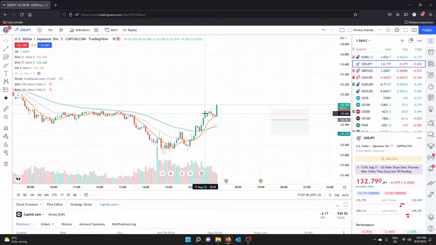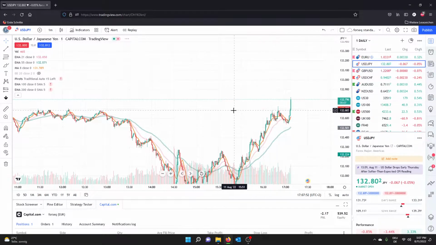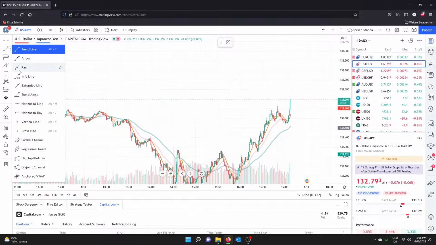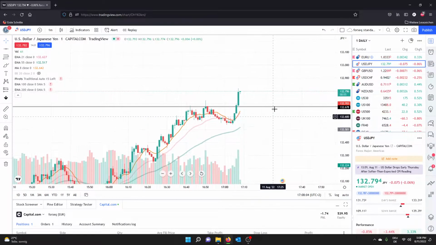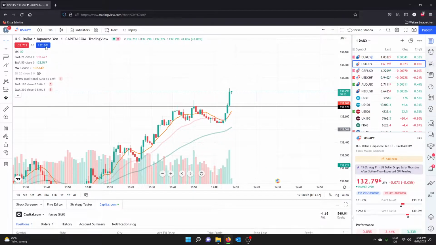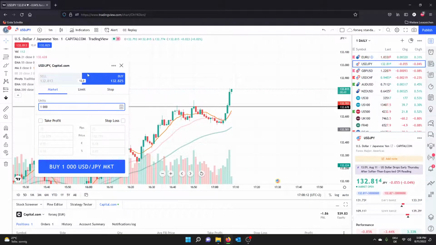We could try to trade this breakout. I would wait for the price to correct back to this level here. Let me draw a horizontal line here. Yeah, I think we could try to trade this breakout. I will make this ready.